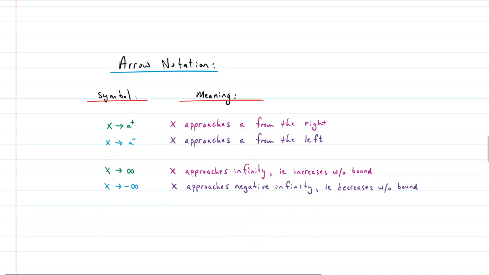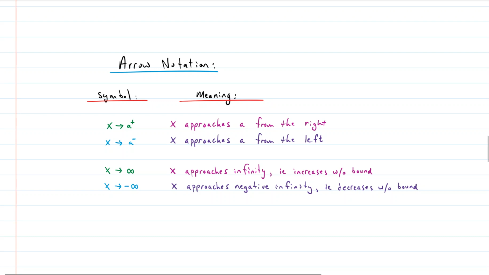Let's talk about arrow notation. Arrow notation is used in the definition of asymptotes, so it's important to understand it. You will see arrow notation also in calculus if you go on to calculus. Our first symbol is x, then a right arrow, and then an a with a plus in the power.